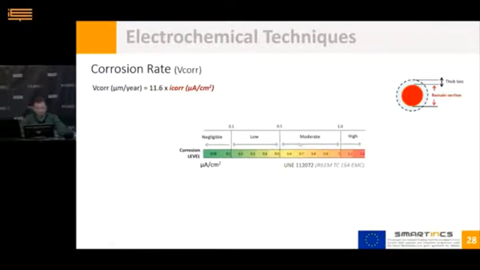As with the rest of the parameters, there are different levels according to the recorded value. But in this case, we no longer speak about probability or corrosion risk. We talk about the corrosion degree or corrosion level. That is, we are quantifying the severity of the problem.